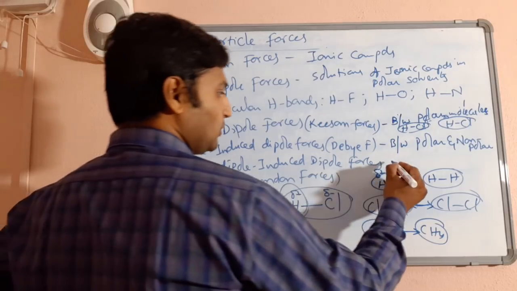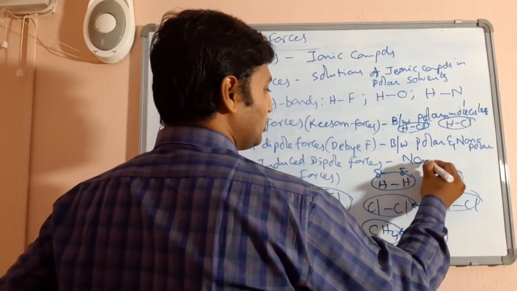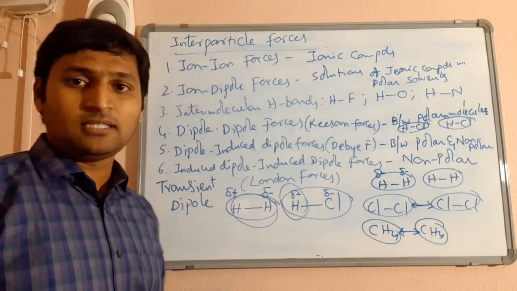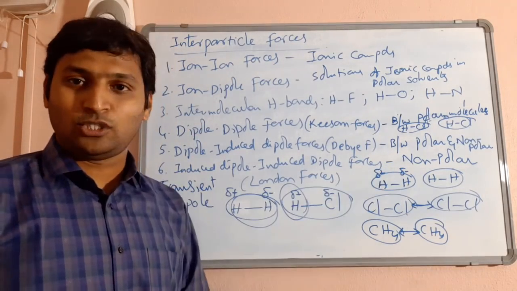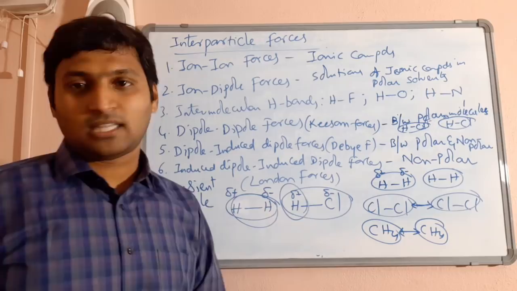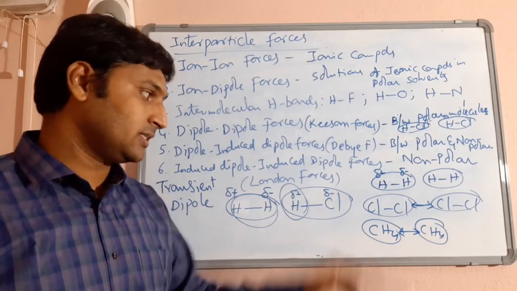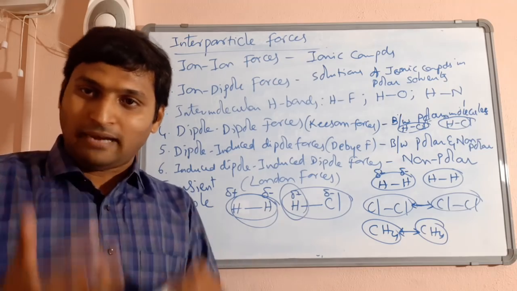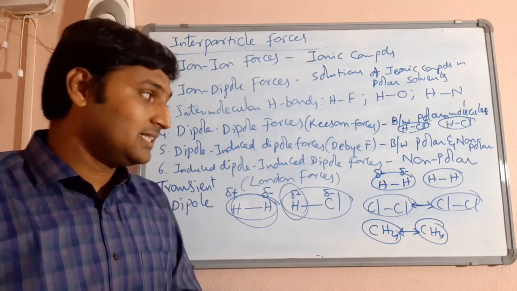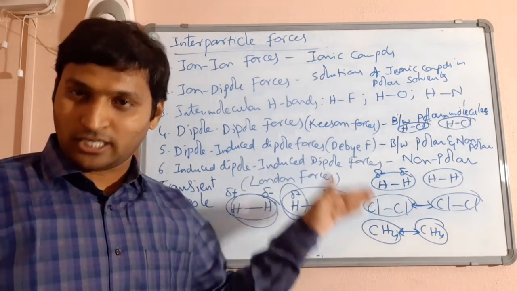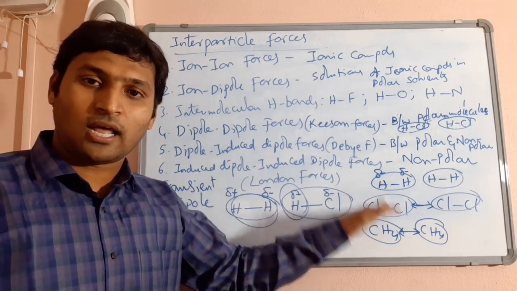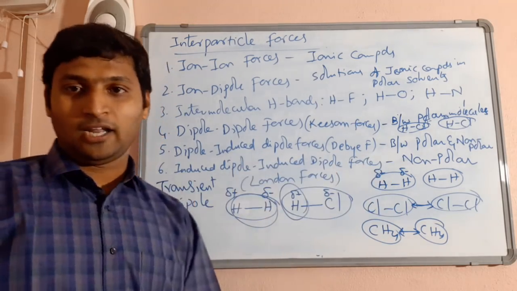So these forces, which are otherwise called London forces, are present between non-polar substances. In a pure substance like hydrogen, all the molecules are attracting each other by London forces. In pure chlorine, all the molecules attract each other by London forces. If I mix two gases, hydrogen and chlorine, hydrogen molecules are attracted to chlorine, and chlorine to hydrogen, due to London forces.